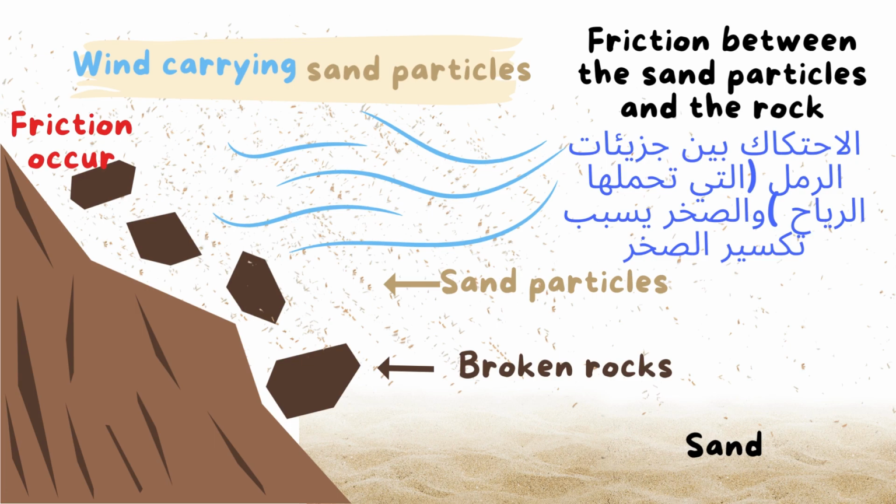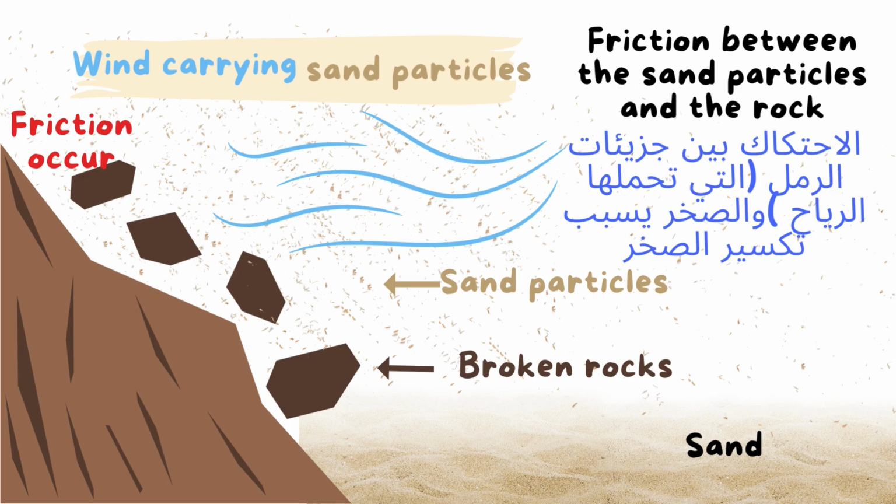Friction occurs between the sand particles and the large rock. So this friction causes what? Breaking down these rocks into sediments or small particles.